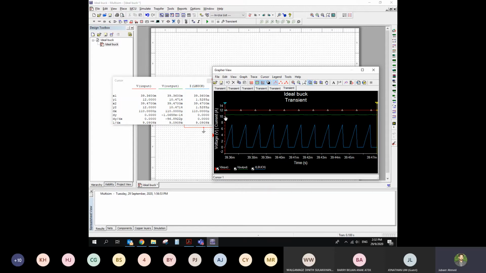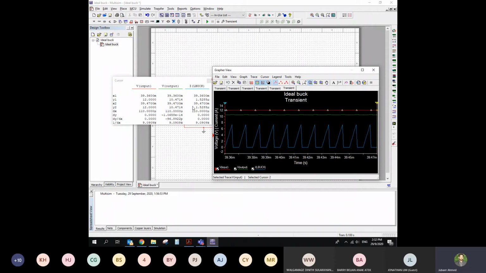You can also see the output voltage is no longer 5 volt or 6 volt. It is approximately 10 volt, 11 volt. Where is my cursor? Yes, you can see 10.47. So the equation is not being followed at all.